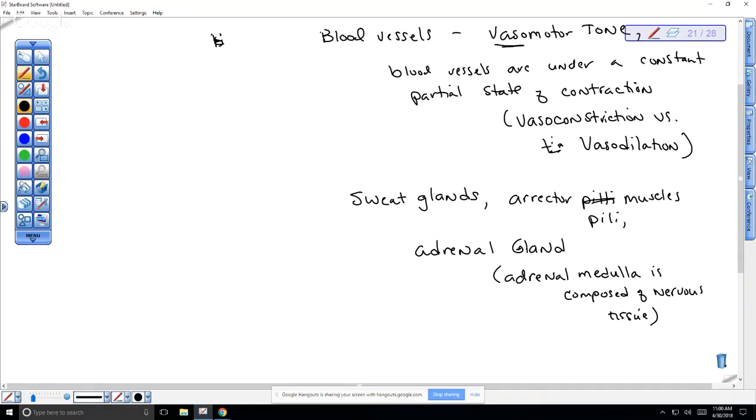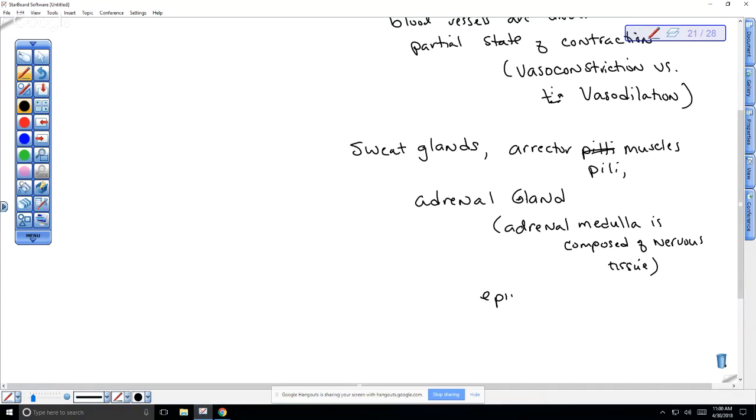One of the things that the adrenal gland produces is epinephrine, and a version of epinephrine, which is also called norepinephrine. These are released only when the sympathetic nervous system releases them. They're not only neurotransmitters, they're also hormones.